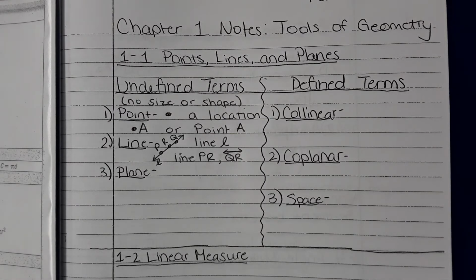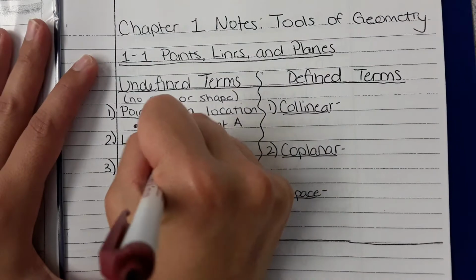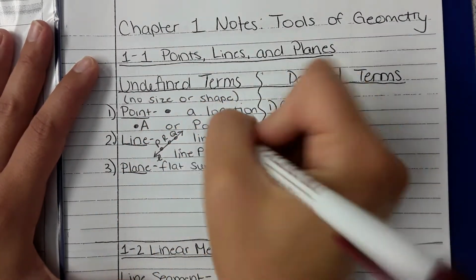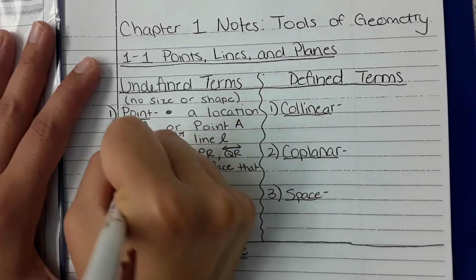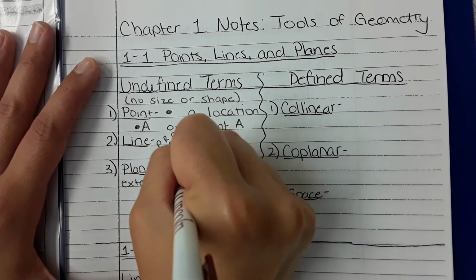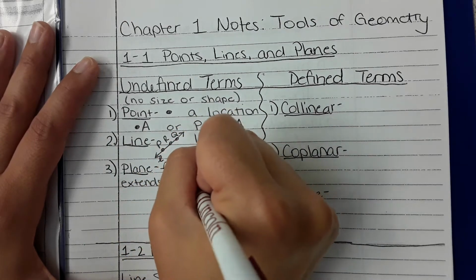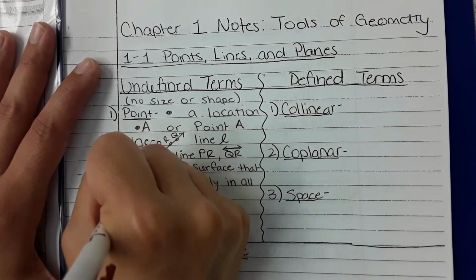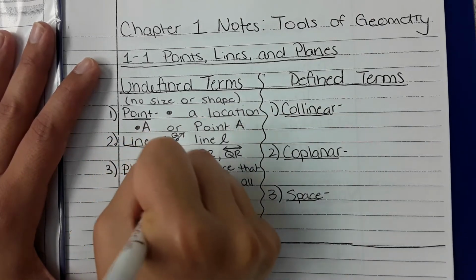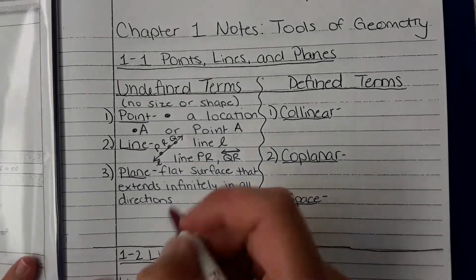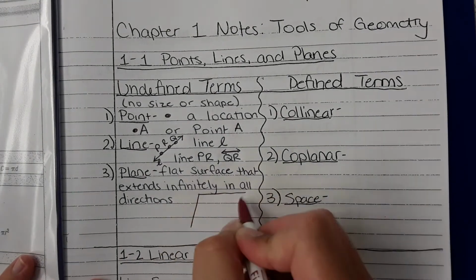Okay, a plane, as I described, is a flat surface that extends infinitely in all directions. When we draw it on paper, we just draw it kind of like a parallelogram.